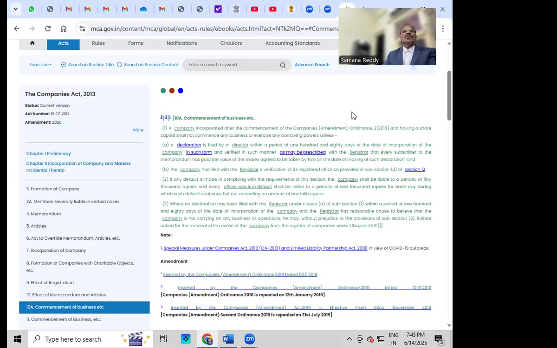It means whoever is a subscriber to the memorandum of association has paid that amount, transferred the amount to the company account.